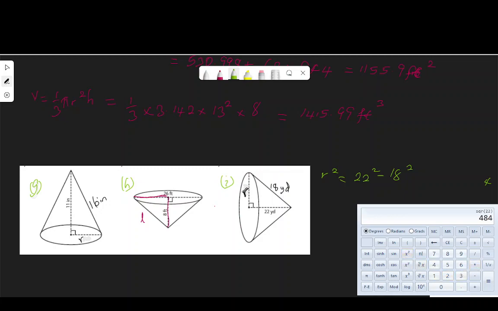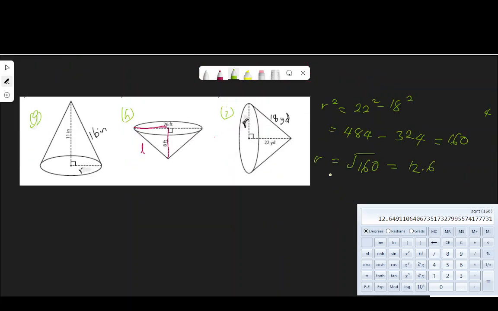So 22 squared is 484, minus 18 squared, 324, is 160. Therefore r is the square root of 160, which is approximately 12.6. So the radius of this cone is 12.6.